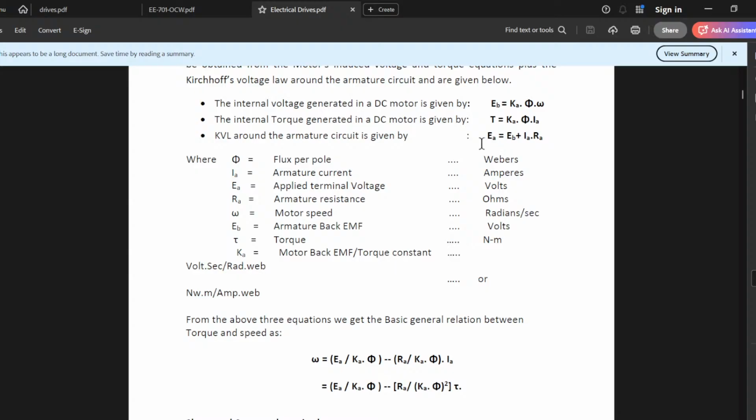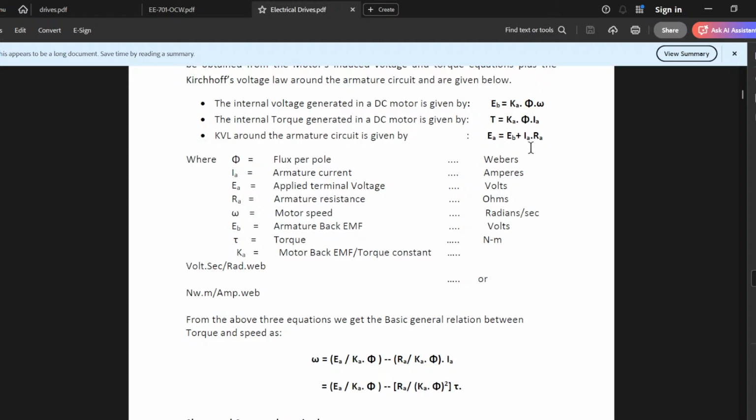Back EMF is EA minus IARA. So omega is equal to EB upon Ka phi, back EMF upon constant into flux, and EB is EA minus IARA.